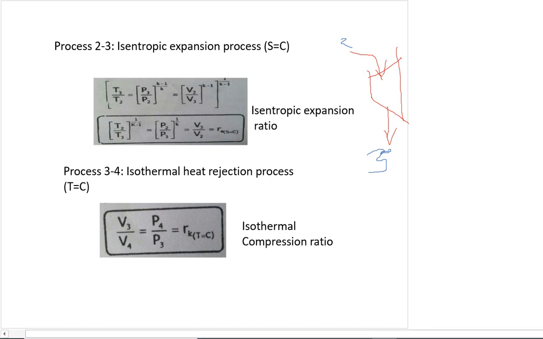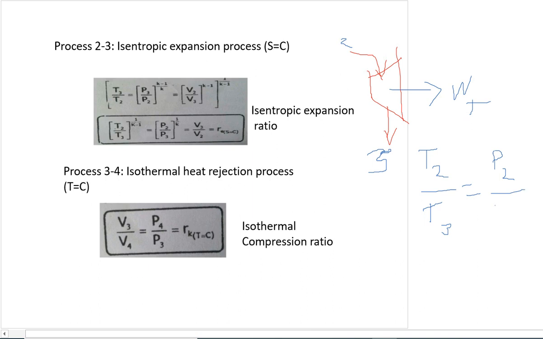And this is the work of the turbine. So if we solve for the temperature at 3, that is T2 over T3 is equal to P2 over P3.